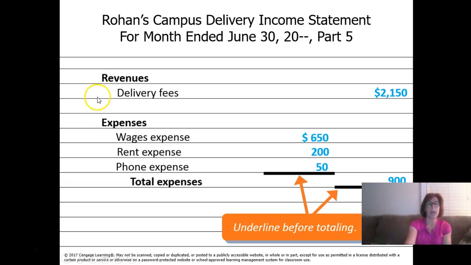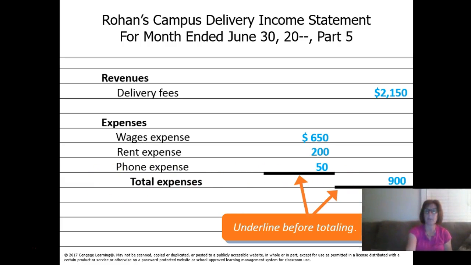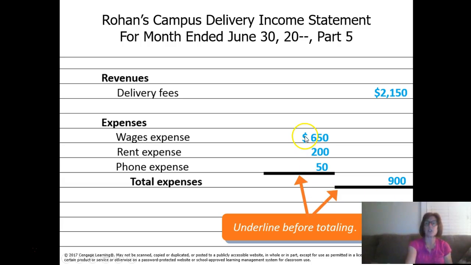So we've got the overarching heading for each of these. We've got revenues, and in this case, we only have one kind of revenue. If our business did different kinds of things, then we might have different kinds of revenue listed here. And then our expenses, we've got the heading here, and then under that, we're going to list the individual expenses. Then we'll total them up. And so we're going to list those in the column closer to the descriptions, the subtotals.